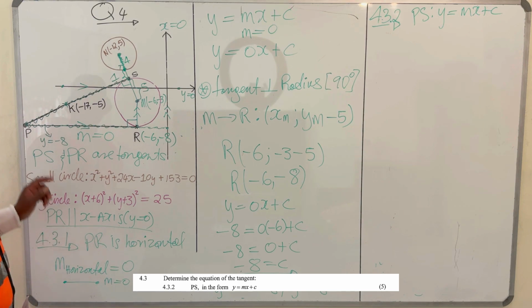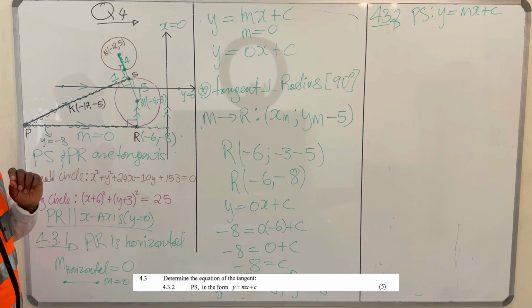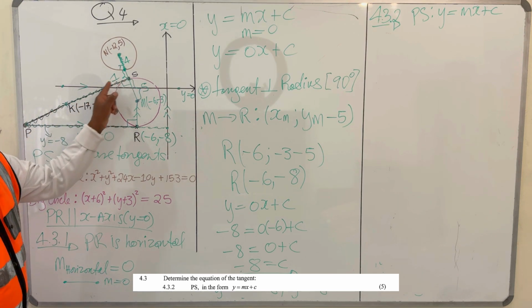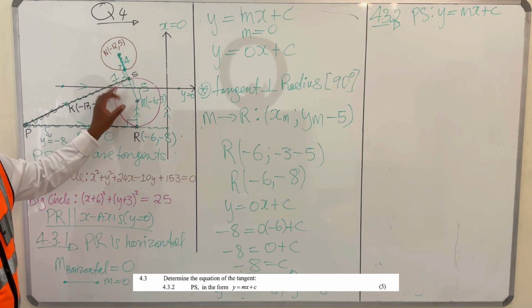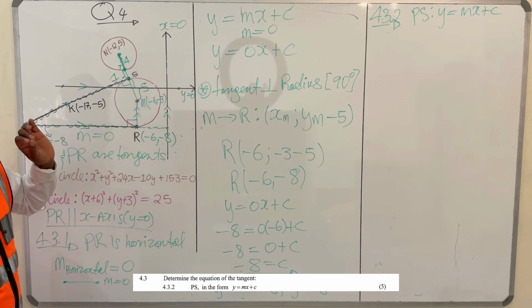A tangent is perpendicular to a radius of a circle. So our tangent PS is perpendicular to MS, which is the radius of this circle.